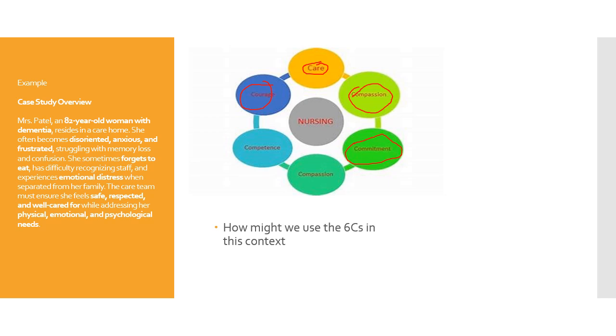These values help create a safe, respectful, and supportive environment in which service users can maintain their dignity and well-being despite their conditions. So I hope all of you have understood what each 6C means and how we can apply them in context of a case study and can explain them.